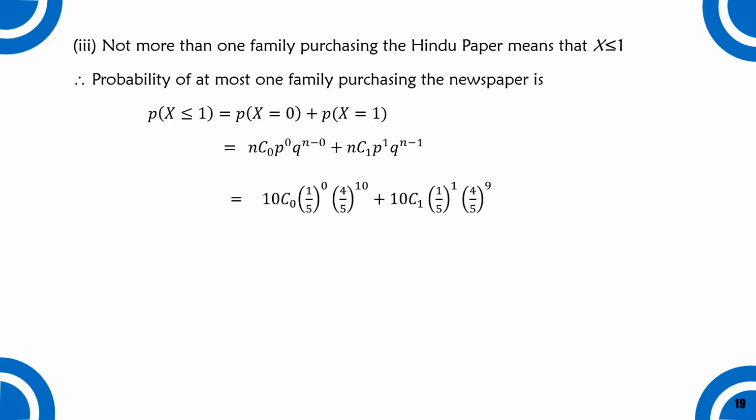Now we substitute n, p and q value equal to 10C0 (1 by 5) power 0 (4 by 5) power 10 plus 10C1 (1 by 5) power 1 (4 by 5) power 9. Equal to (4 by 5) power 10 plus 2 into (4 by 5) power 9.